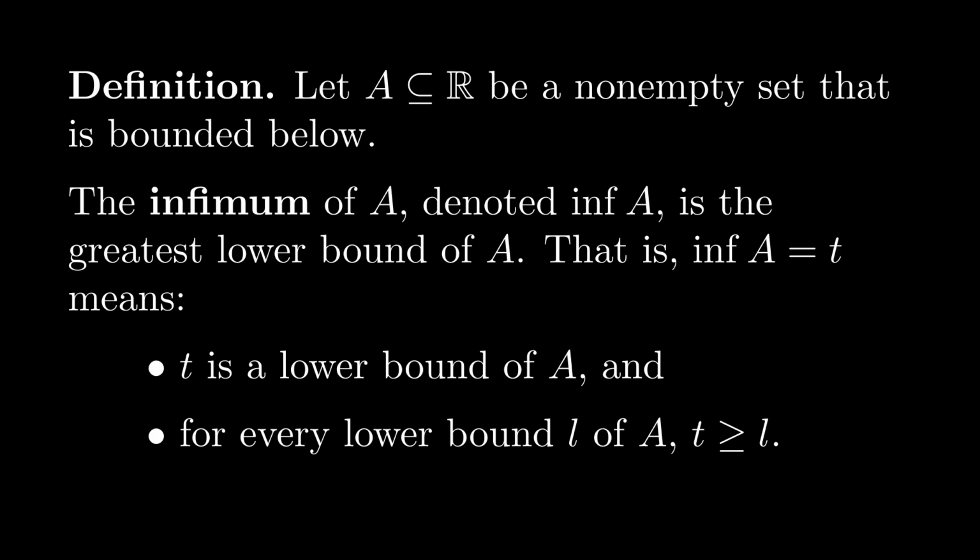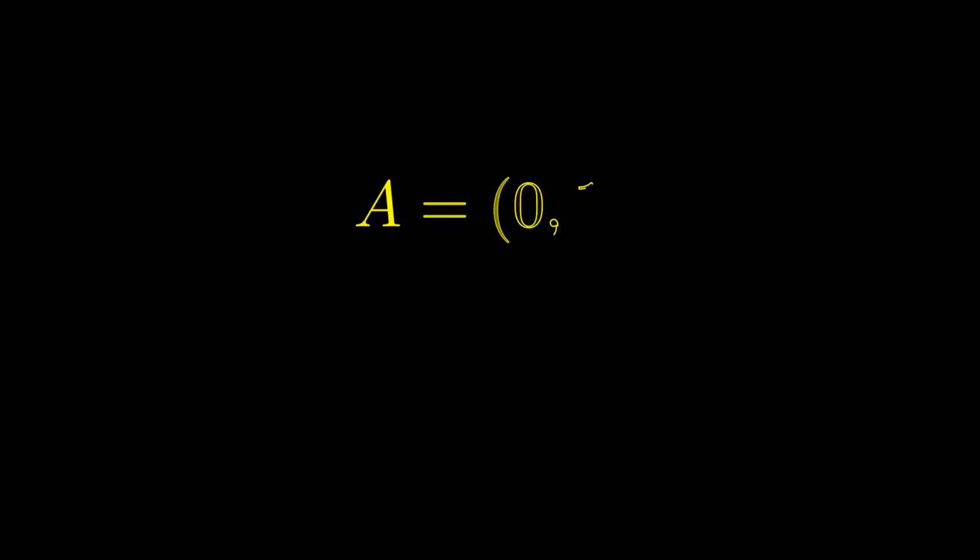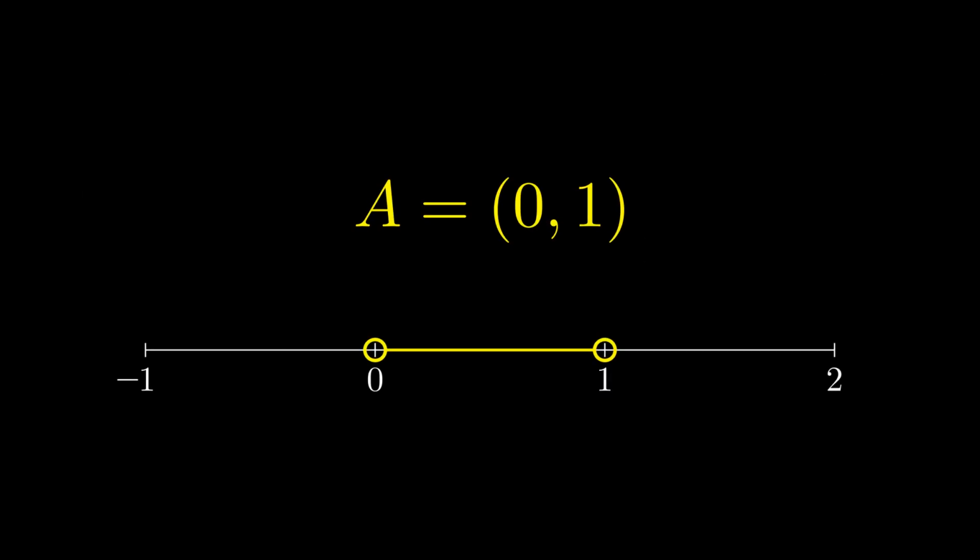These are generalizations of the idea of a maximum and a minimum, because the maximum of a set is an element of the set that's greater than or equal to every other element of the set, and that often doesn't exist. So consider the open interval from 0 to 1, not including 0, not including 1, but containing all real numbers strictly between 0 and 1.